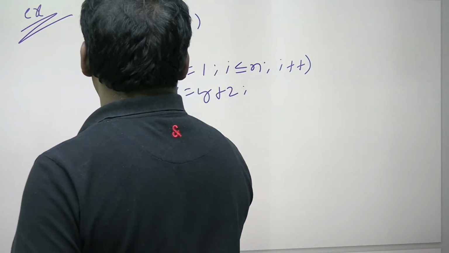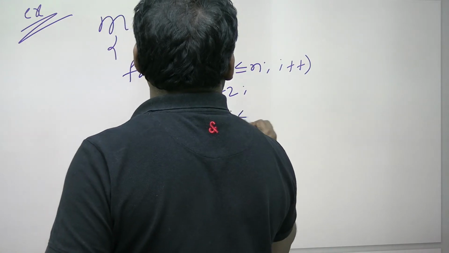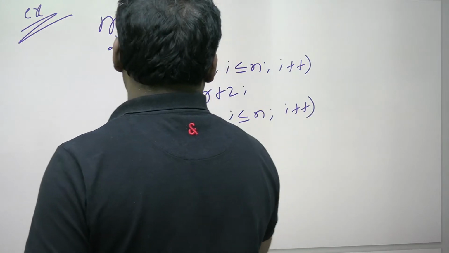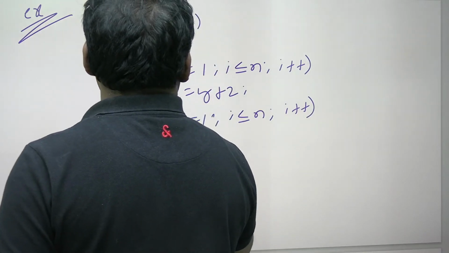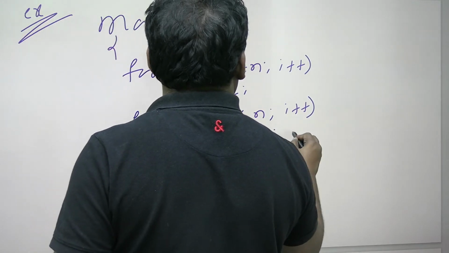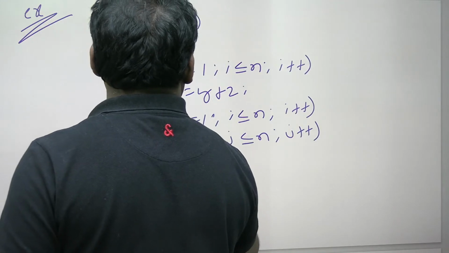Next one, for i is equal to 1, i less than or equal to n, i plus plus, for j is equal to 1, j less than or equal to n, j plus plus, x is equal to y plus z.